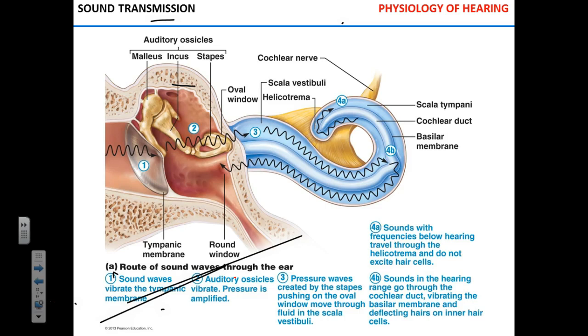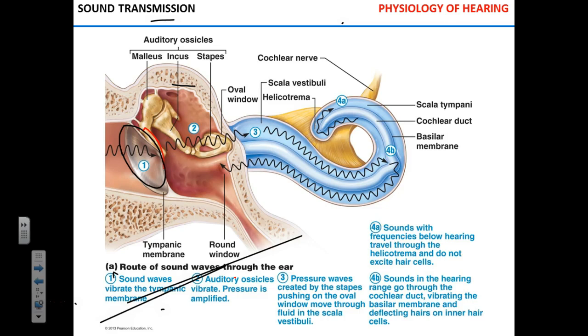Yes, we start with an auricle, and auricle focuses sound waves into external acoustic meatus, right? And then from external acoustic meatus, the waves reach tympanic membrane. Does that make sense? So here in this picture you can see waves reaching tympanic membrane.